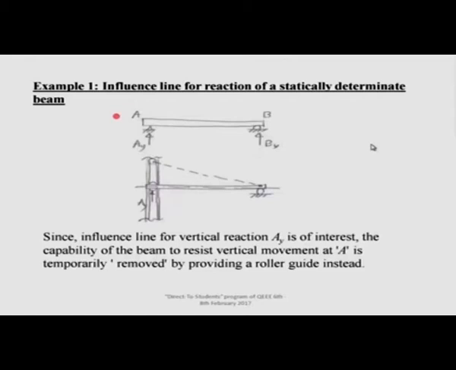Now I bring the same reaction back and see how the beam deforms. One thing you must remember is that this is a linear analysis, so the superposition principle is valid. That is why all displacements are small.